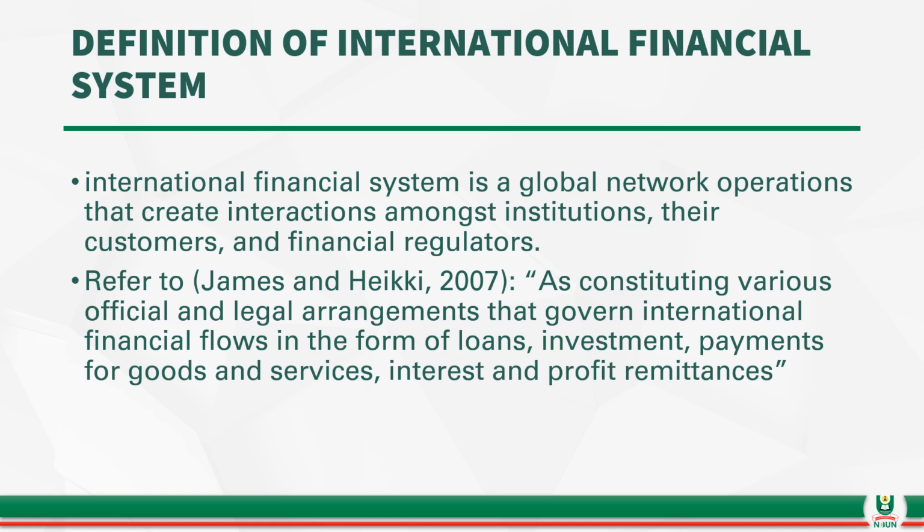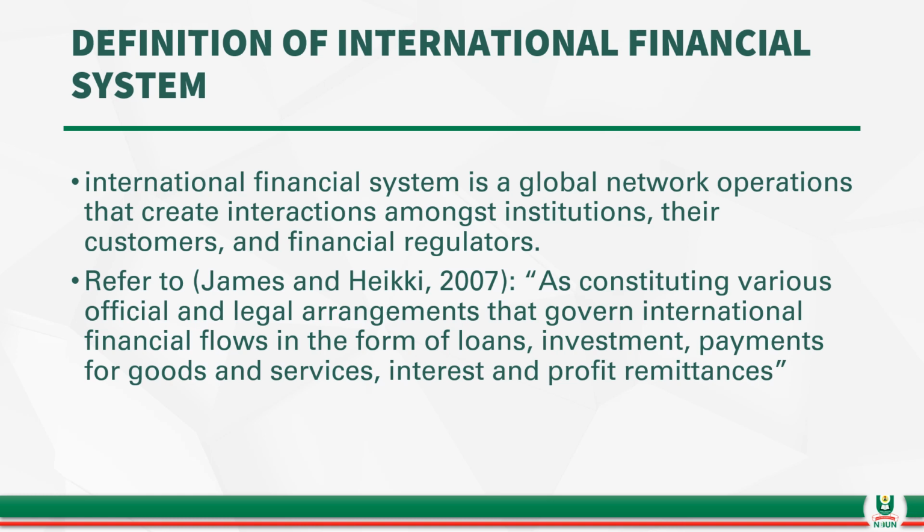You can see the relationship between the basic financial system within a nation, with the peculiarity of that nation, and so many rules and regulations that are peculiar to that nation. But this one is international. It is viewed at the global level.